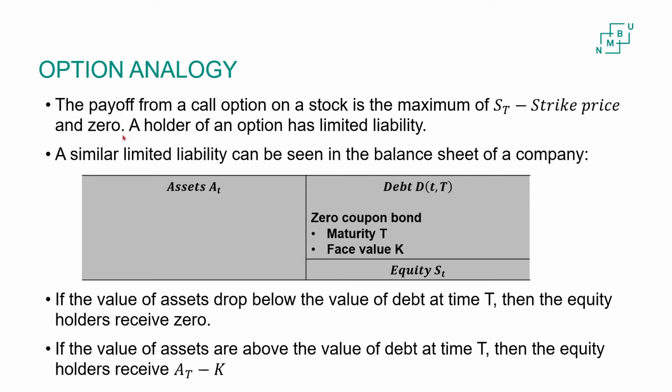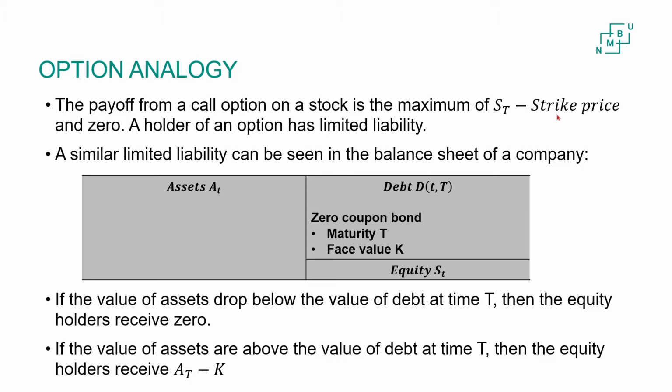So what does this mean? It means that if you are the holder of a call option, then in the future you have the opportunity to buy the stock for the strike price. So the value in the future is the stock price minus the strike price.